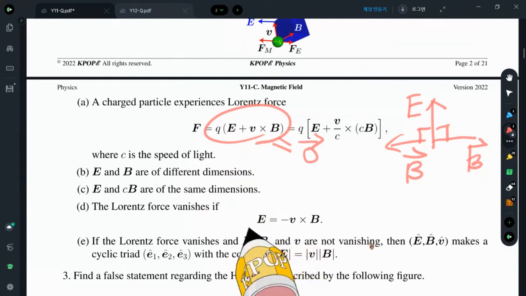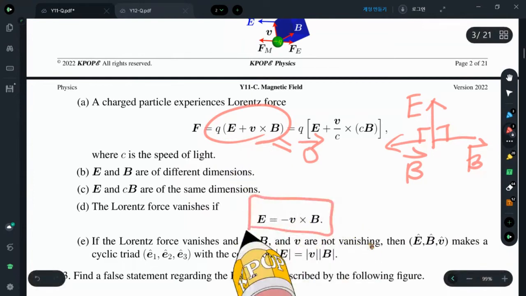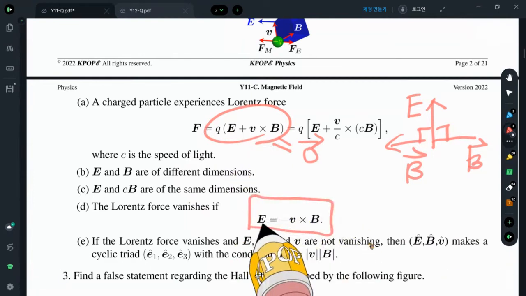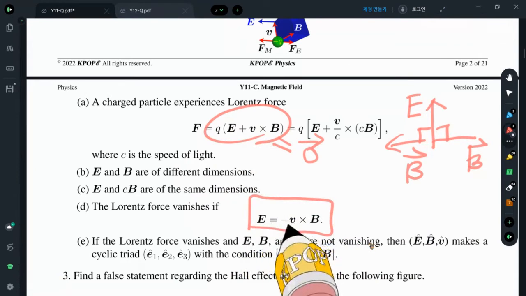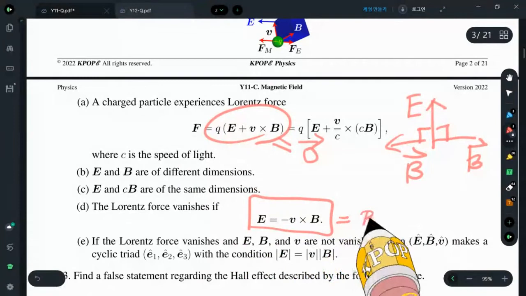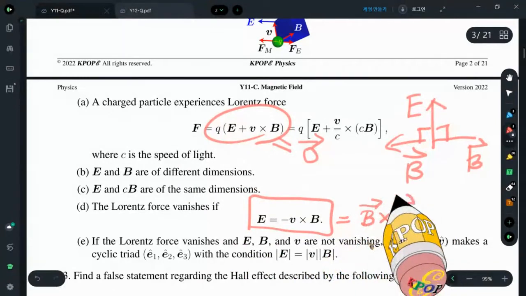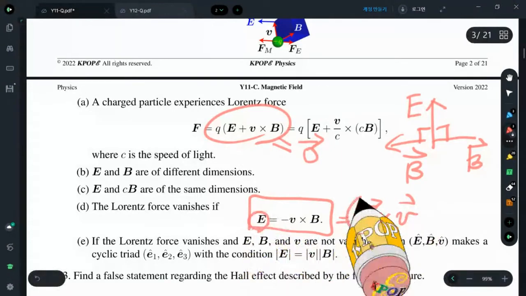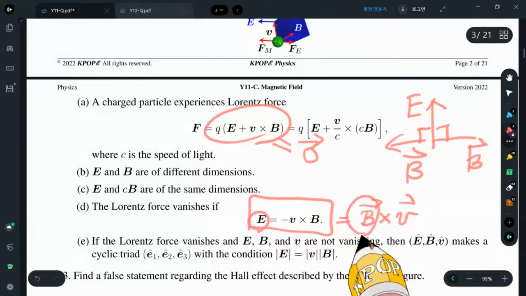Then this one indicates that E equals minus V cross B, or E equals B cross V. These two are perpendicular.